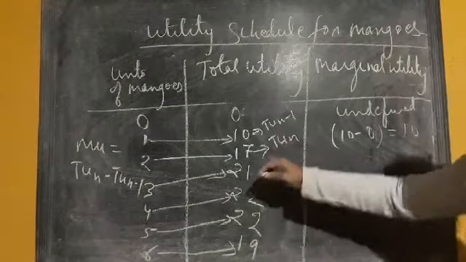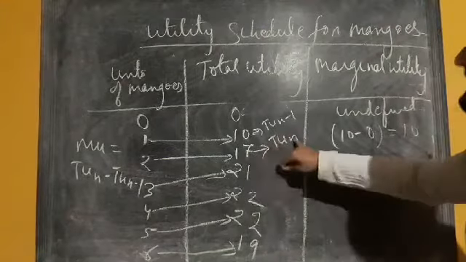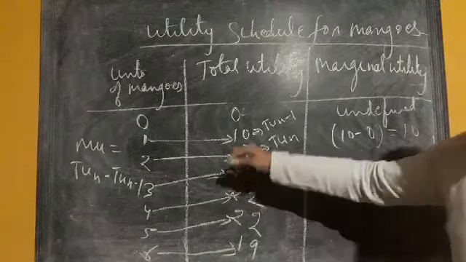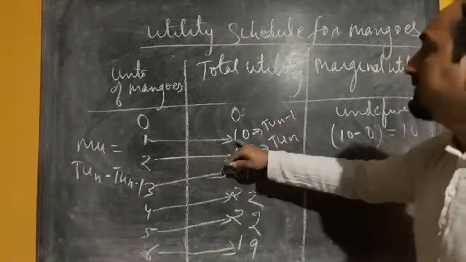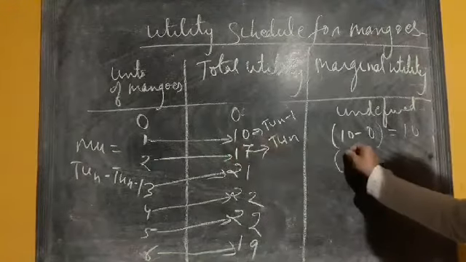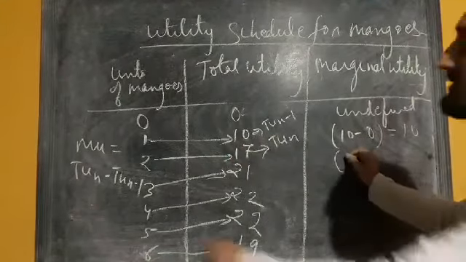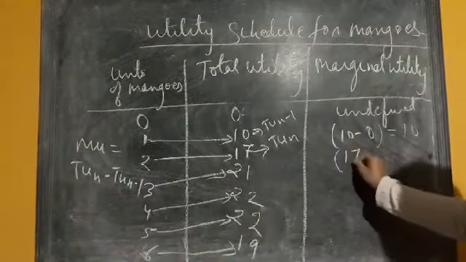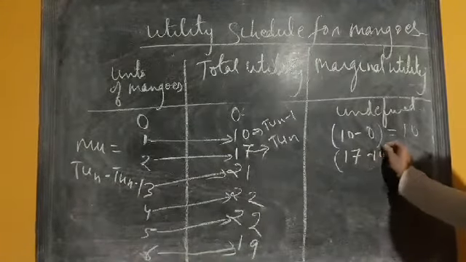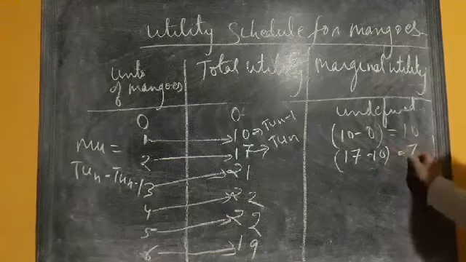That means total utility from the nth unit we have 17, and the total utility from the previous unit of mango we have 10. So here 17 minus 10.